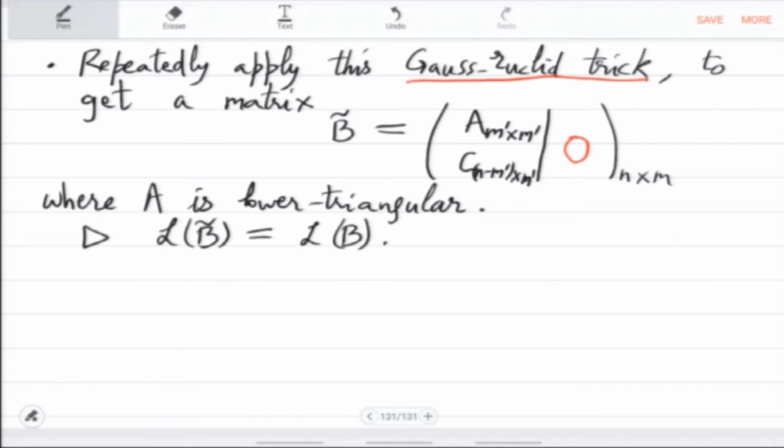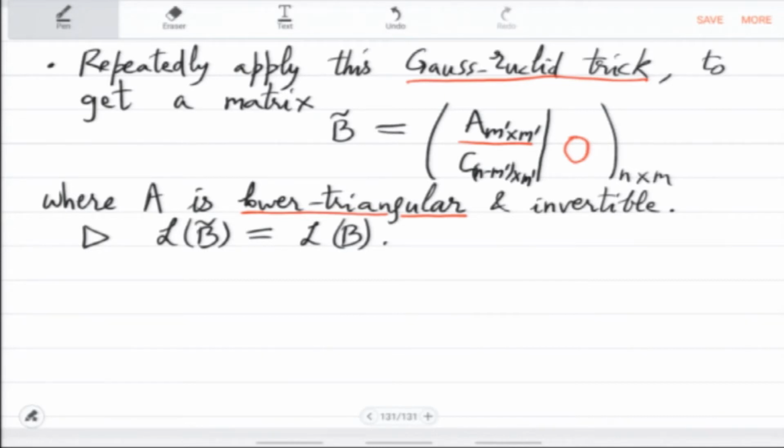Okay, so we have a very nice structural property here. What we have shown is that given any input vectors with integral entries, we can reduce, without changing the lattice, we can reduce them to linearly independent vectors. So A is lower triangular and invertible.